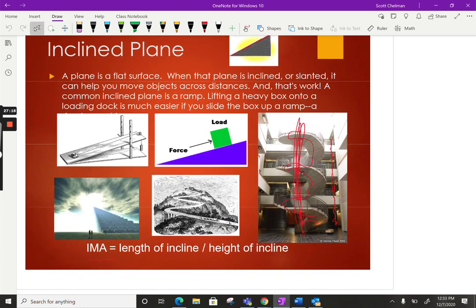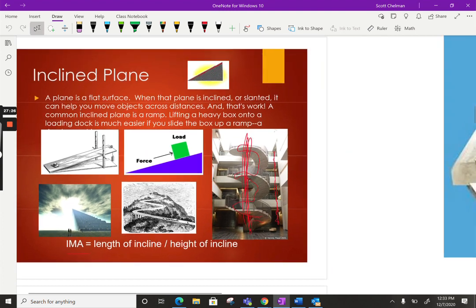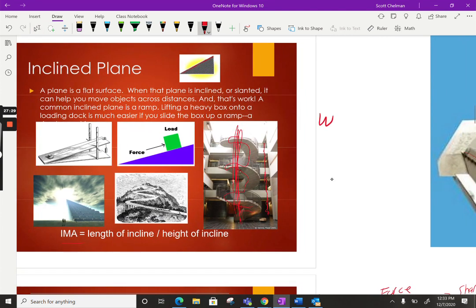Okay, it does give mechanical advantage. But how? What does it do? Right? All right, remember work is force times distance. And this work, like if I'm picking this box up and putting it to a higher place, like up here, the work involved in it would be the same, right?